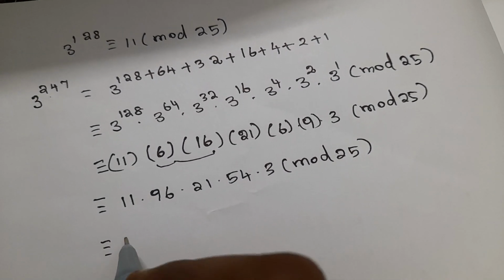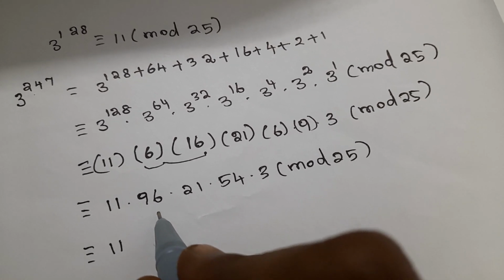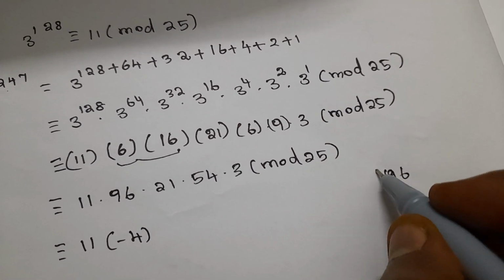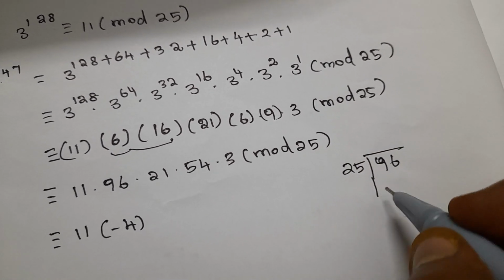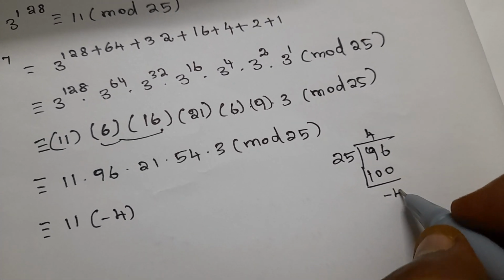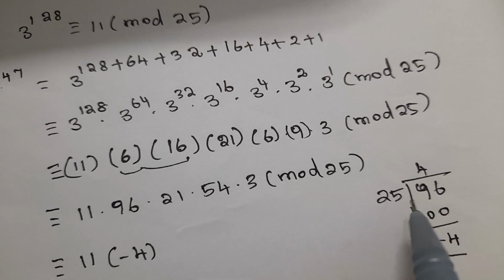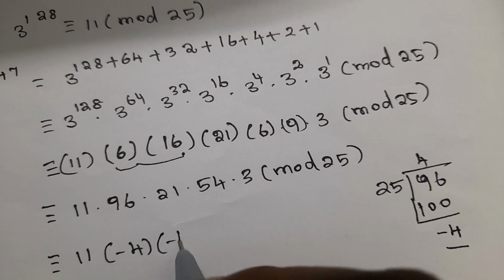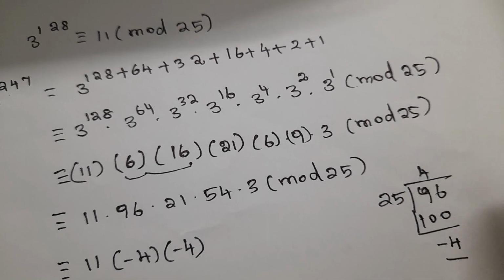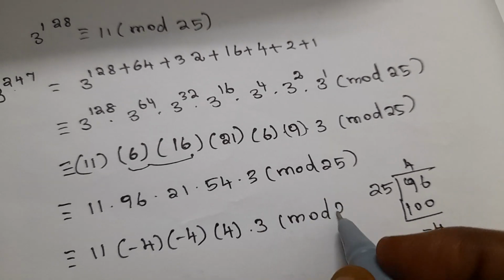Instead of 96 we replace minus 4, because dividing 96 by 25, 4 25s are 100 and the remaining is minus 4. In 21, instead of 21 it is minus 4 again. In 54, there are 2 25s, which is 50, and the remaining is 4, into 3 mod 25.